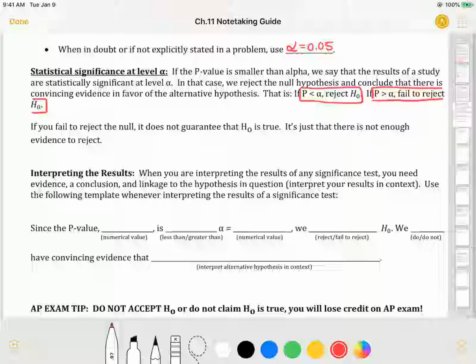As a side note, if you fail to reject the null, it does not guarantee that H0 is true. So we want to be careful about how we make our conclusions for significance tests. And what I mean by this statement is just because, say for instance, the classic case of O.J. Simpson, just because O.J. Simpson was not proven guilty in criminal court of murdering his girlfriend Nicole doesn't mean that he did not commit the crime.